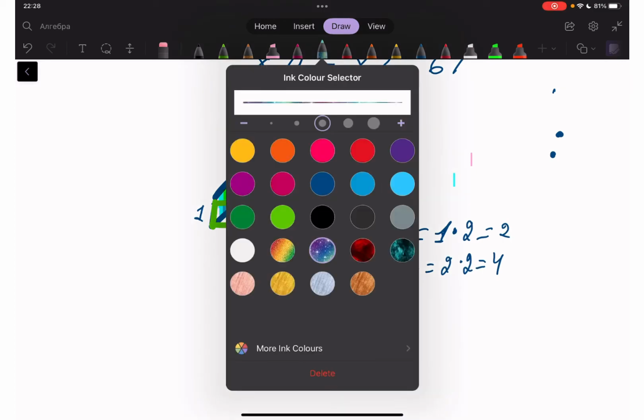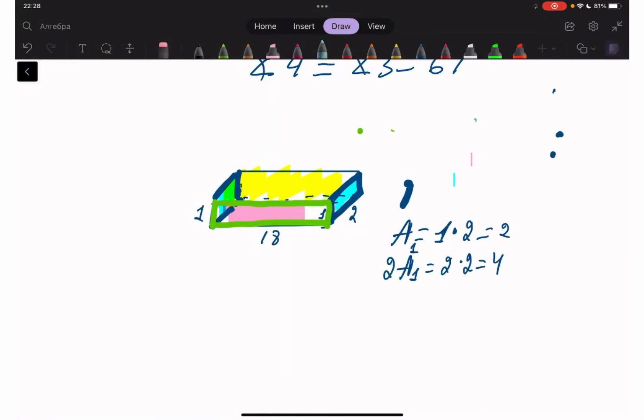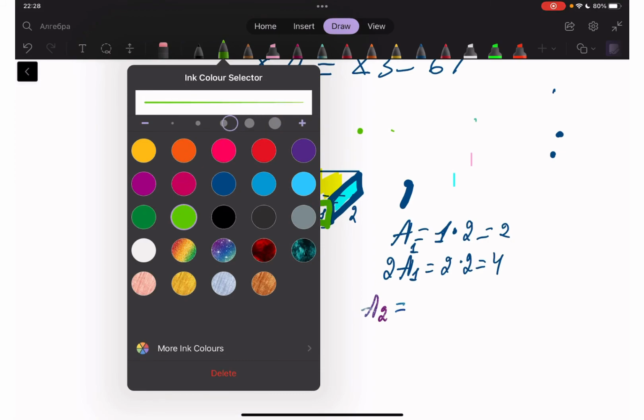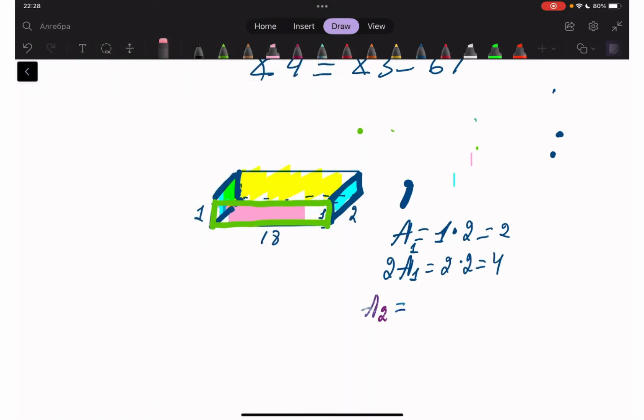So A2 is equal, with green color, 1 times 18 area, right? It's equal 18. And we have 2 of them and 1 on the back side. It's going to be twice times 18. It's going to be 36.